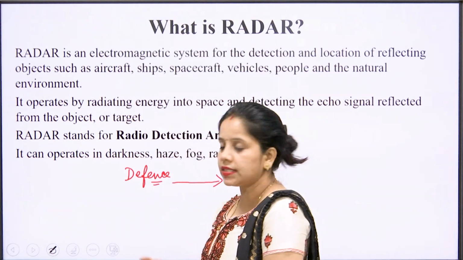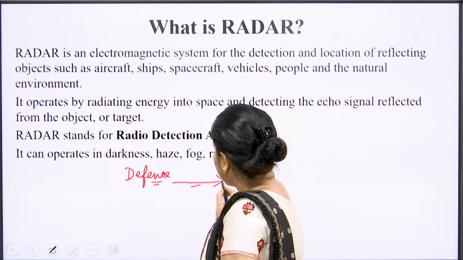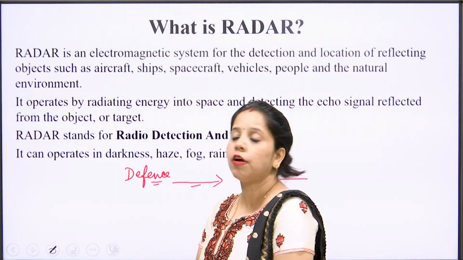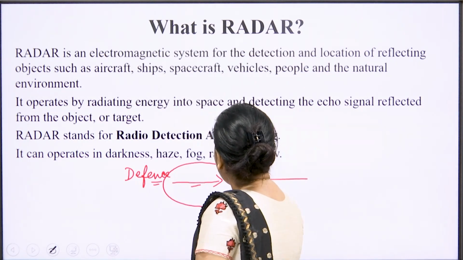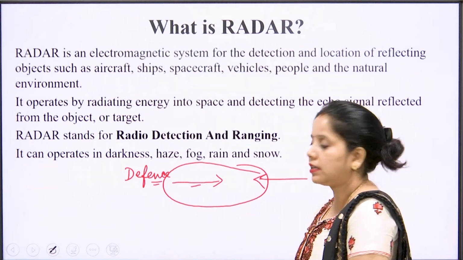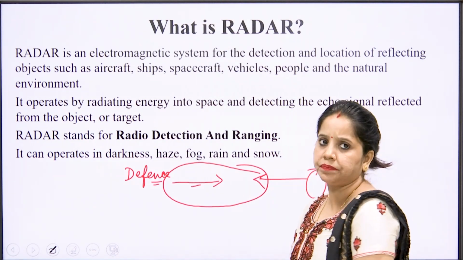Whenever we say radar, it means it is giving the signal, and it should also have the capability of receiving the signal, and on the basis of the received signal it detects the target. What does it mean?